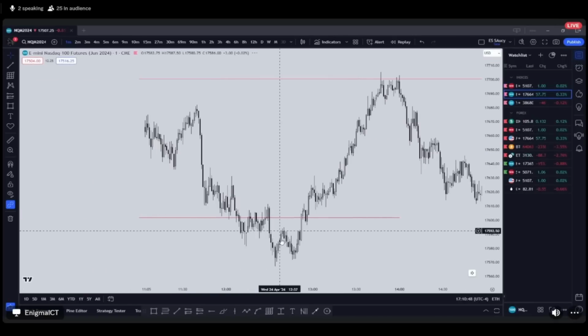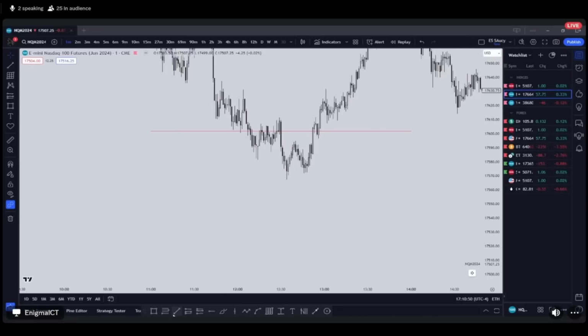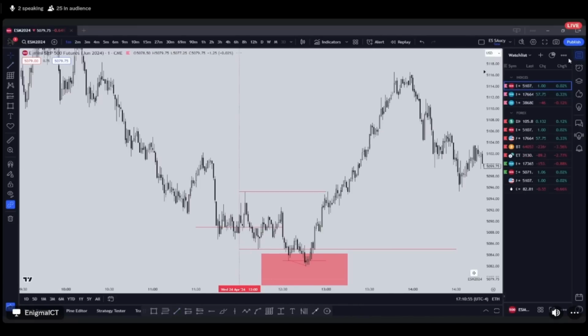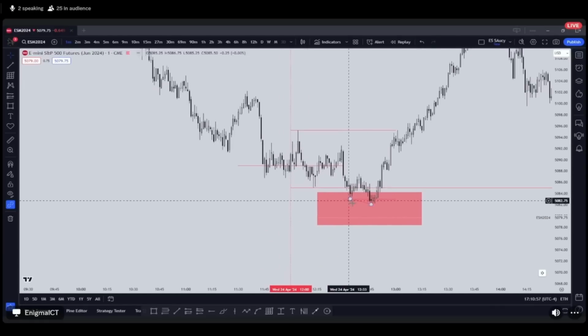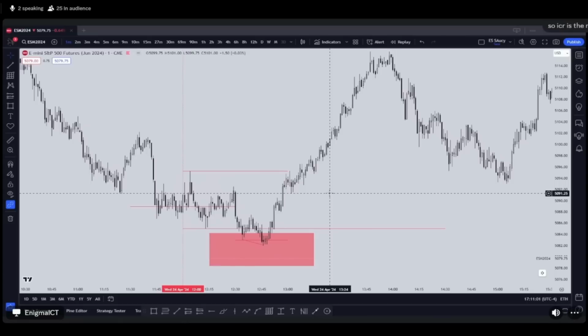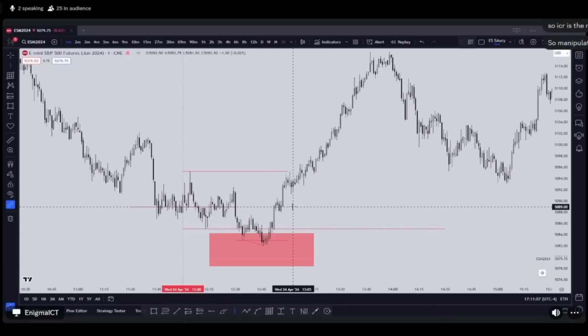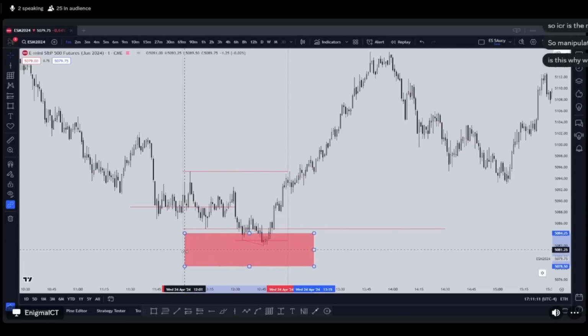Pretty sure. Yep, here. You guys see this? This SMT you can trust. And now here it just switched from bearish order flow to bullish order flow. And from 12 to 1, this is the manipulation candle. And the next candle is going to be your distribution candle.